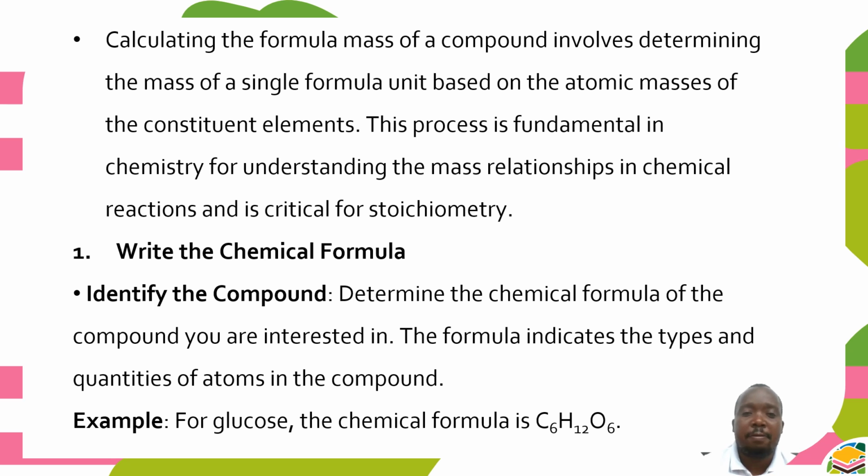Calculating the formula mass of a compound involves determining the mass of a single formula unit based on the atomic masses of the constituent elements. This process is fundamental in chemistry for understanding the mass relationships in chemical reactions and is critical for stoichiometry.